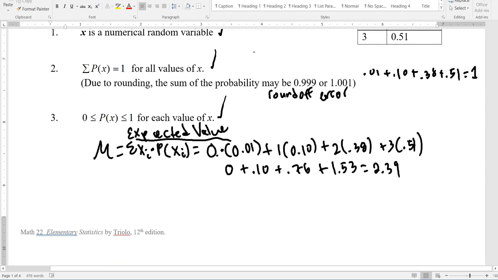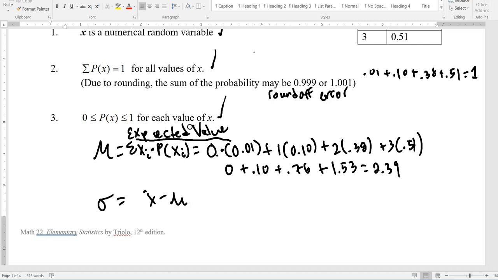The standard deviation is going to be every x minus the mean, mu this time, okay?